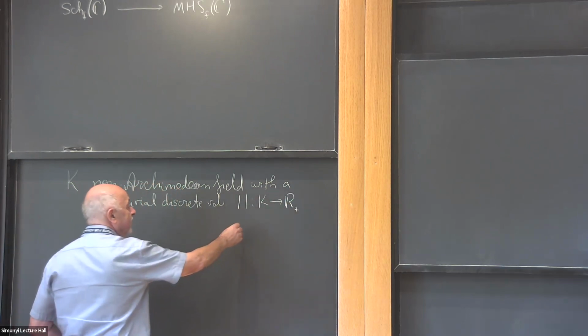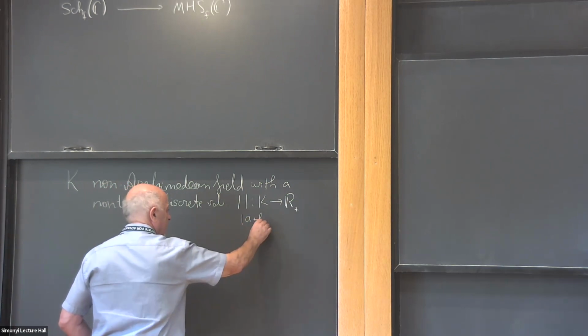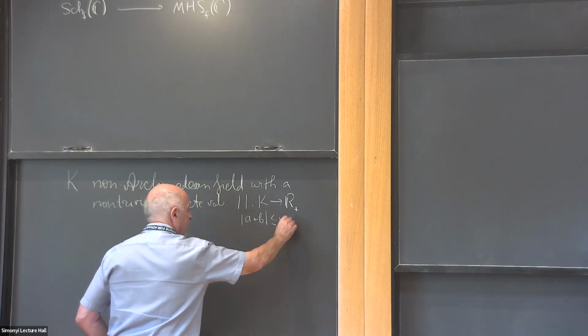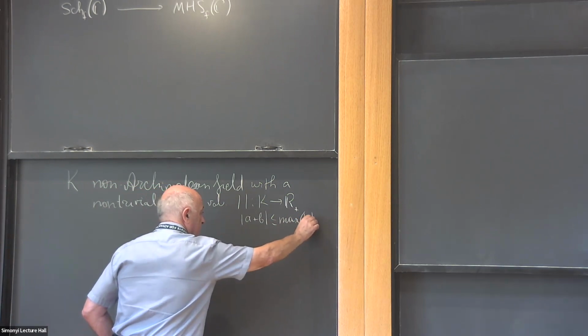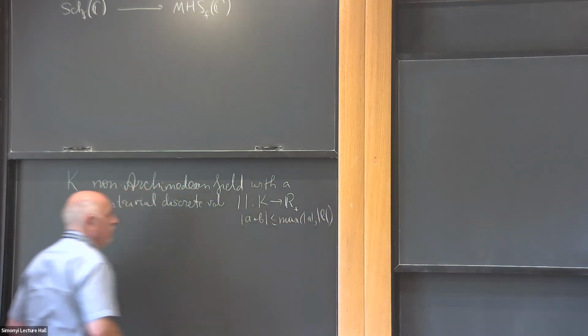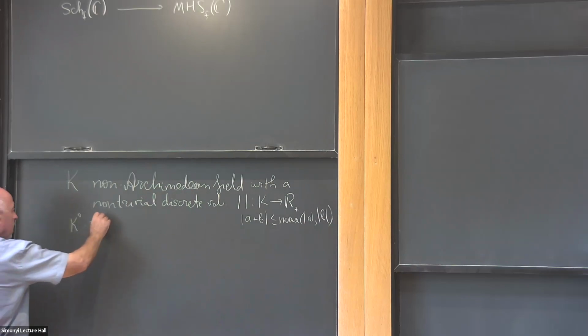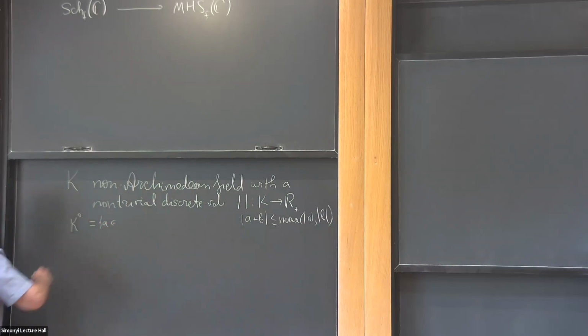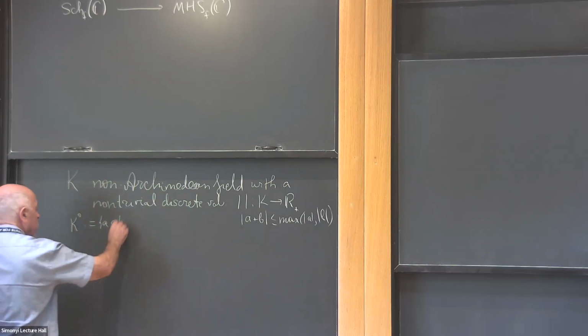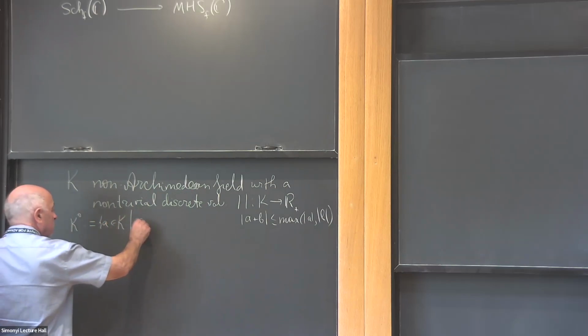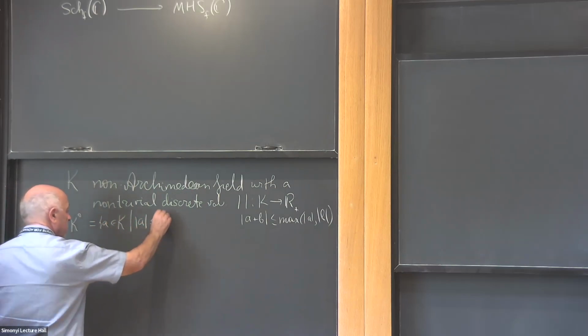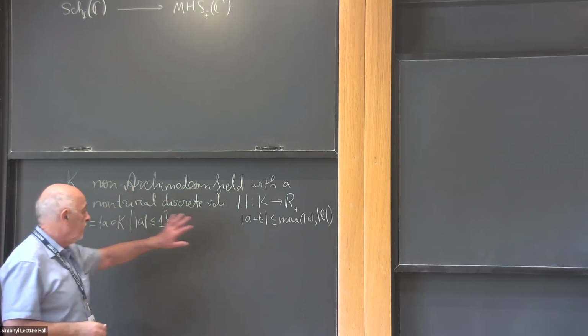I recall that non-Archimedean means that the valuation satisfies the strong triangle axiom. Let me also introduce standard notation. One denotes by K° the ring of integers, the set of all elements of K whose value is at most 1. Due to this axiom, it's a subring.